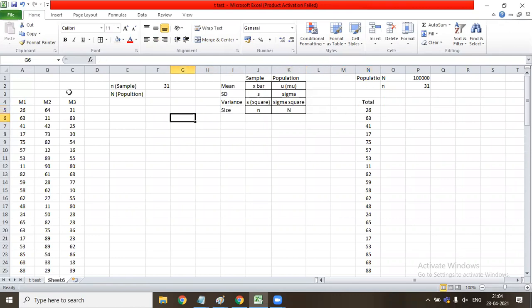Yeah. So when I say within, it means within M1, the variation that is calculated for M1, M2, M3 separately.